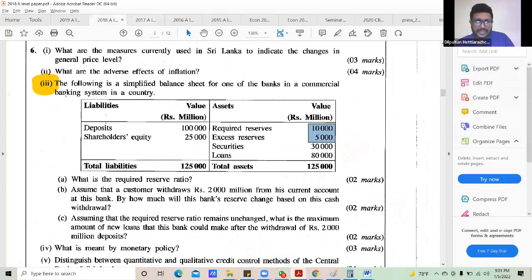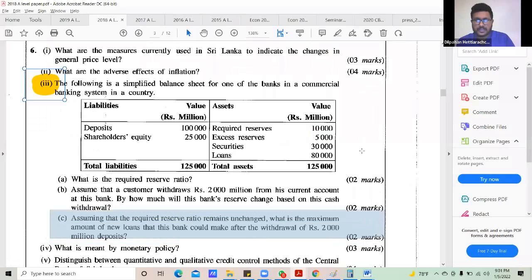Then we'll go for the 2018 question. To do this question, I will give you some marks. I have explained some parts, right? So you can use that knowledge and try this question. I will give you like 1 minute, 1.5 minutes maximum. Can you come up with answers for these 3 questions?